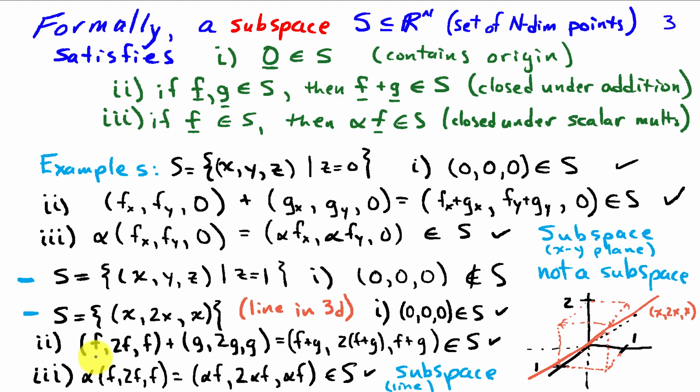You can check that if I have some point f on that line and another point g on that line, then the sum of those 2 points is also on the line. This line in 3D is closed under addition. Furthermore, if I have some point on the line, say f, that has coordinates f, 2f, and f, and I scale it by alpha, that gives me yet another point on that line. So this line in 3D is a subspace.